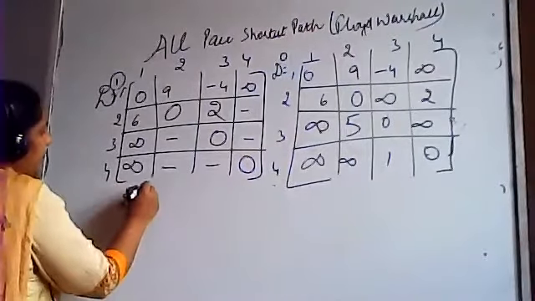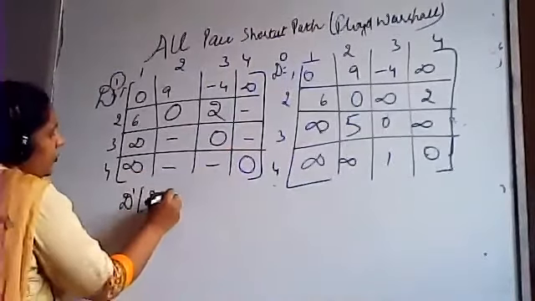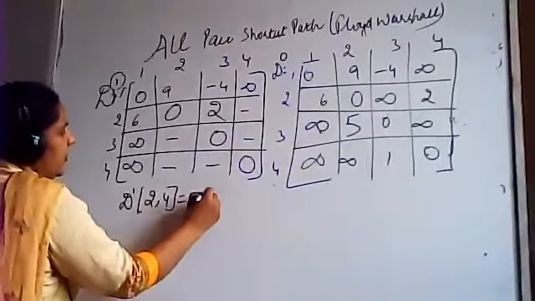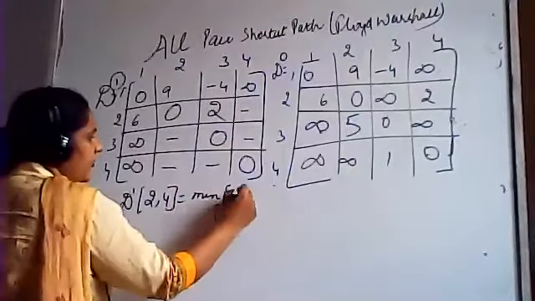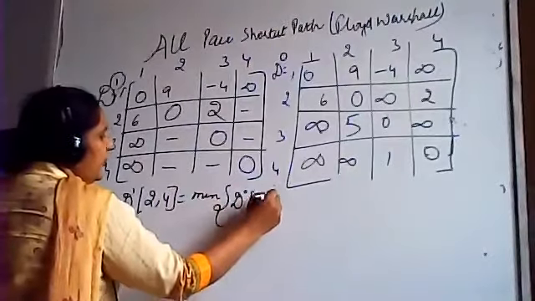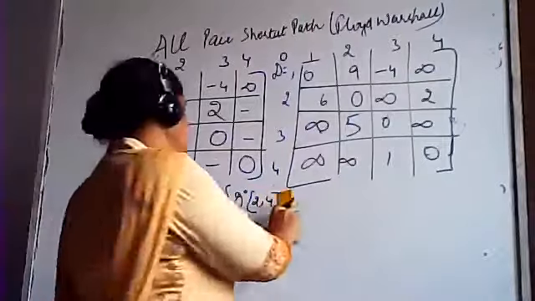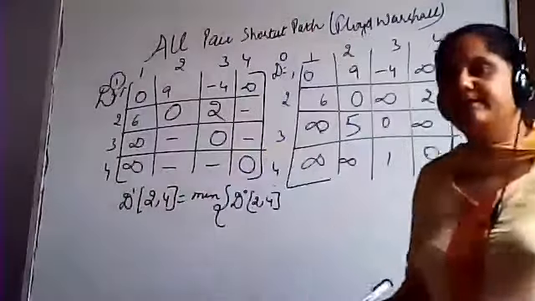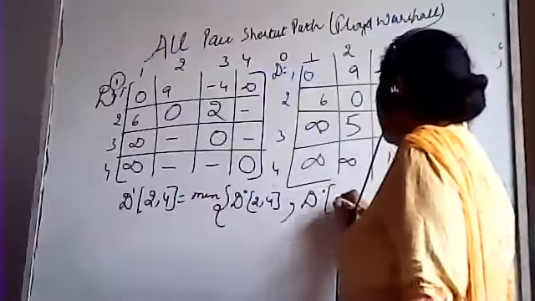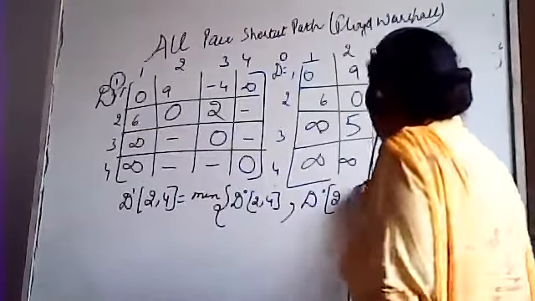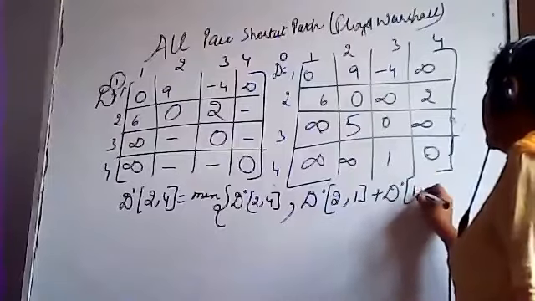D1, the next value which we are going to calculate is 2, 4. D1 of 2, 4 is equal to minimum of D0 of 2, 4 comma D0 of 2, 1 plus D0 of 1, 4.